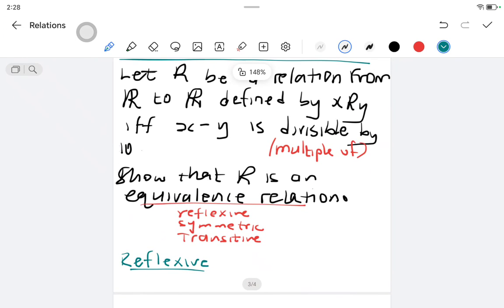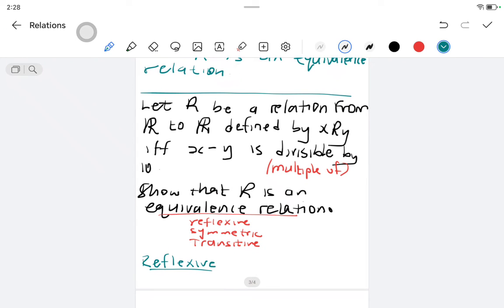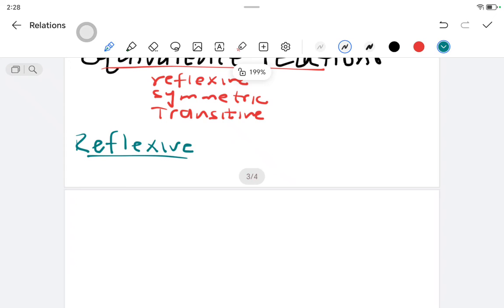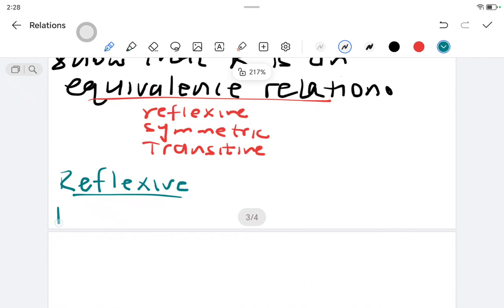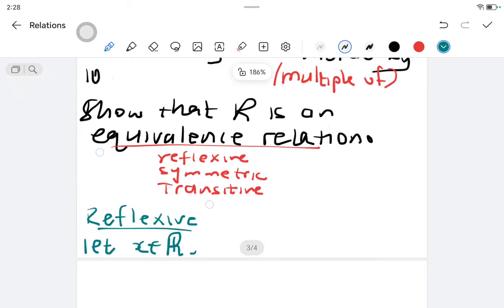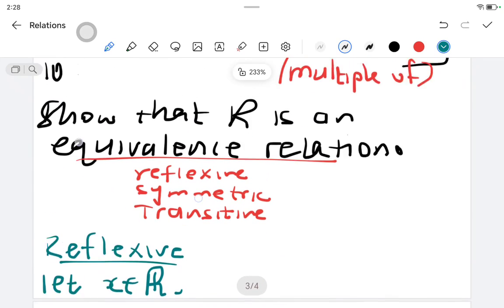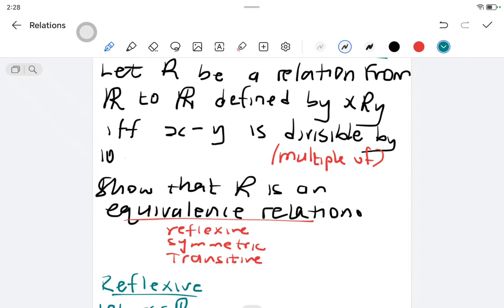When we take reflexive, you see that it's only x related to y. Since this is defined on the set of real numbers, I first let x be an element of R. Then I apply the definition: for x to be related to y, x minus y should be divisible by 10.